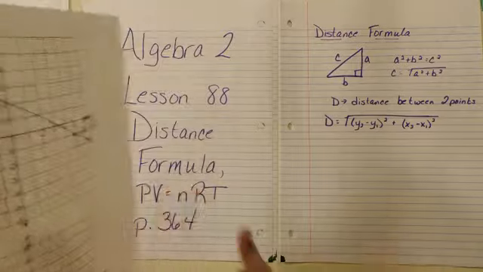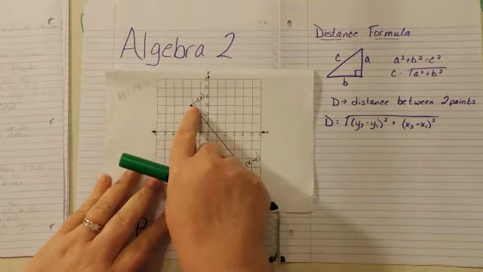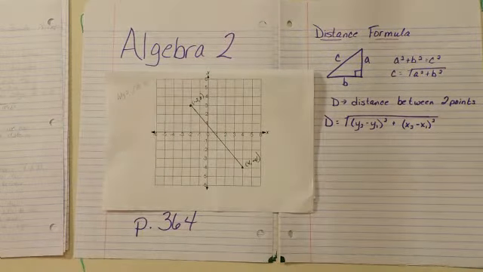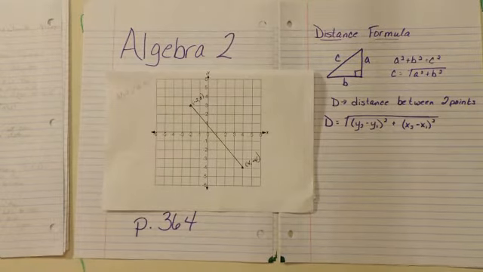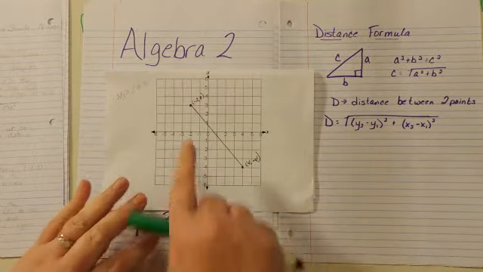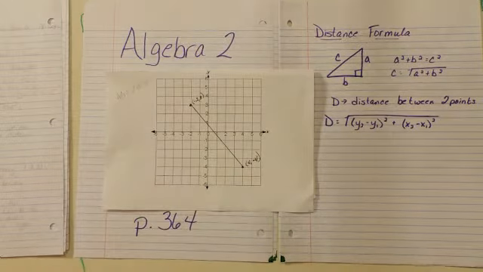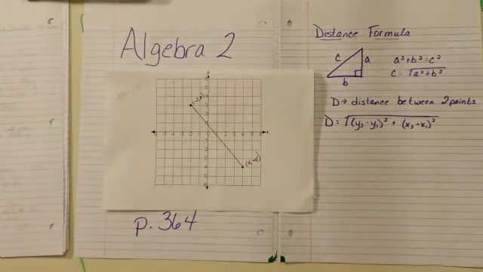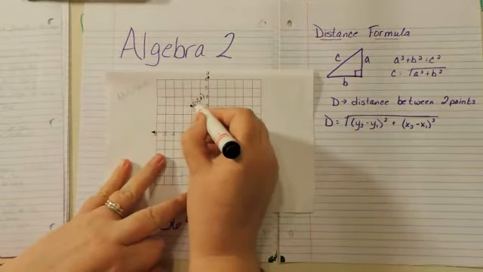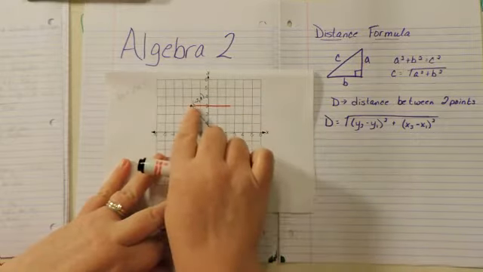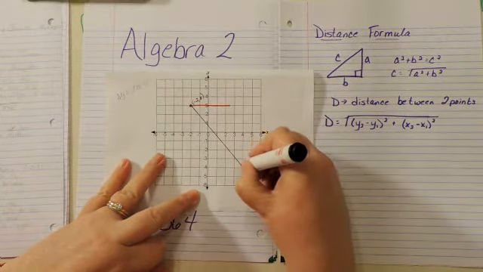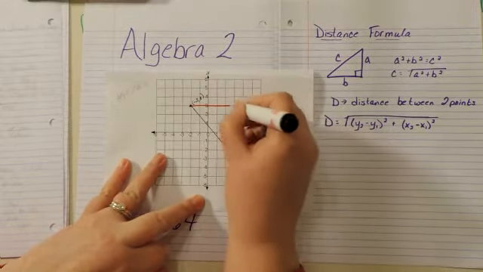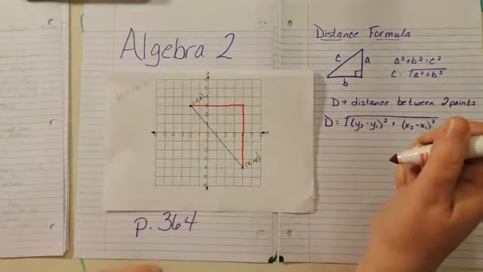So, here we have a graph. We have this point, -2 and 3, and this point, 4 and -4. To find the distance between these 2 points, we can graph the points and draw a line between them. And then, if we drew a line from this point to the right and traveled along the same y coordinate, and from this line up and traveled along the same x coordinate, they would meet right here.